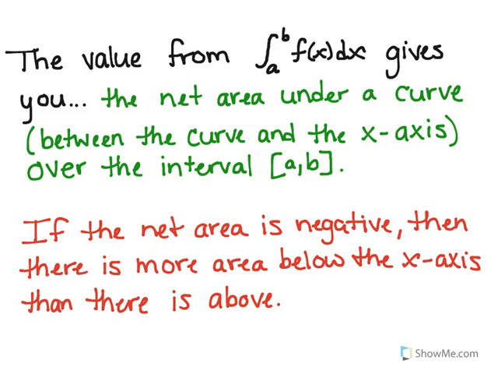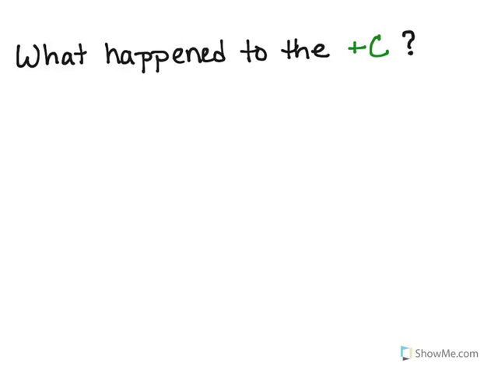So now the last thing we need to do is talk about, well, what happened to the plus c? Every integral problem we have done so far has had a plus c in it. What happens to it? So let's say we have a generic antiderivative from a to b of some function f of x dx.